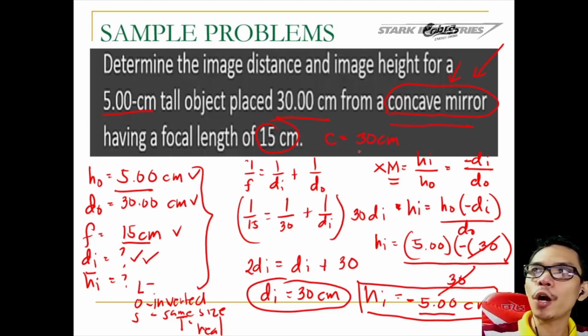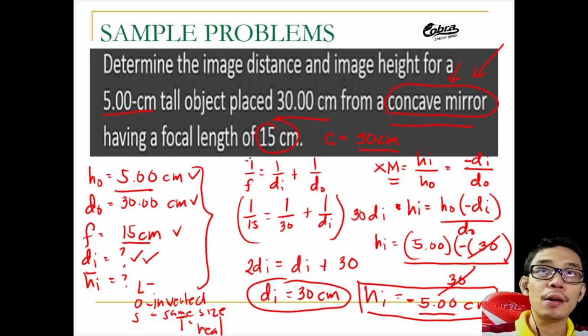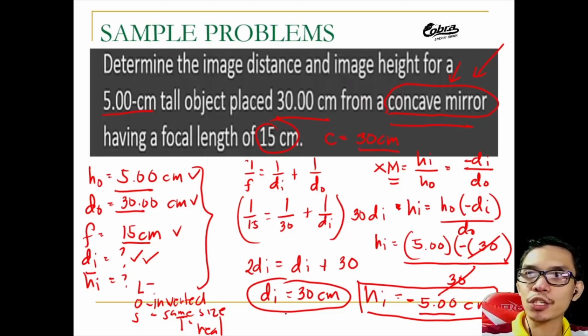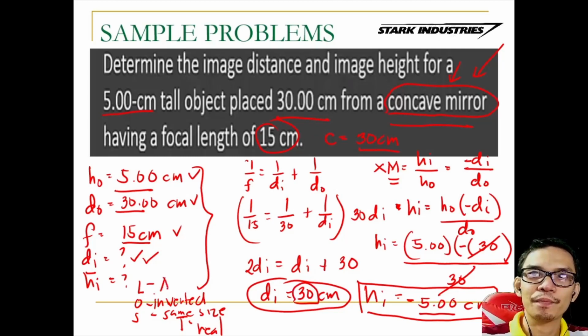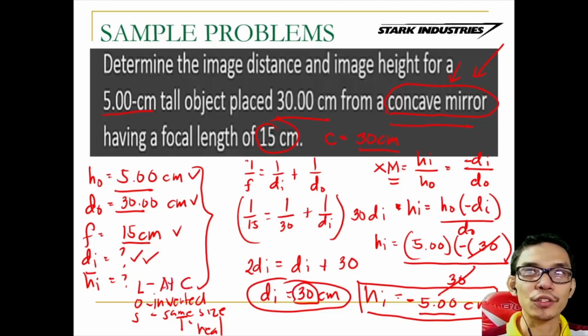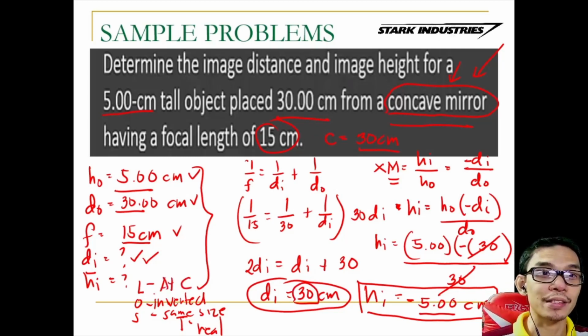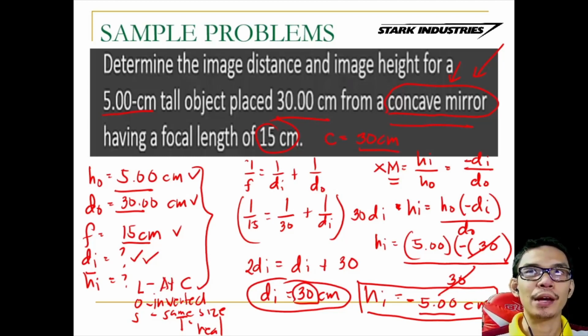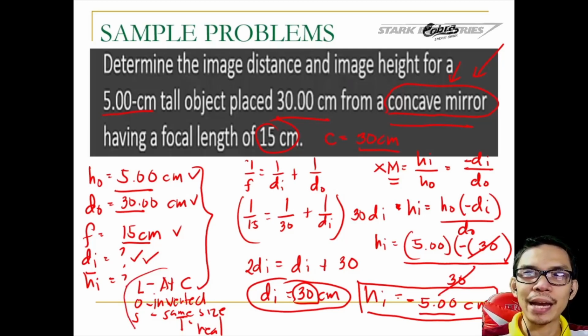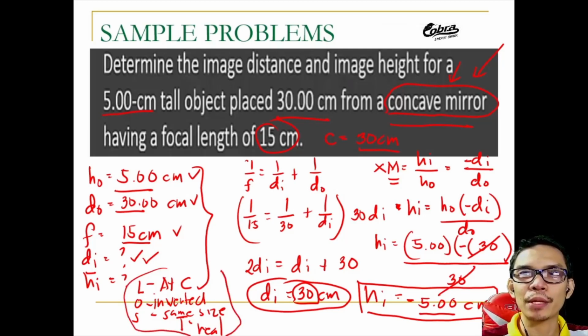So, therefore, the object is placed at C. So, therefore, the image is formed at C as well. Okay, so that is the analysis for this problem that we have right here.